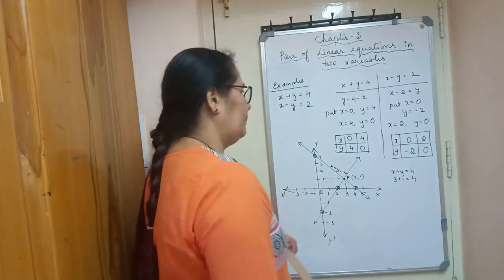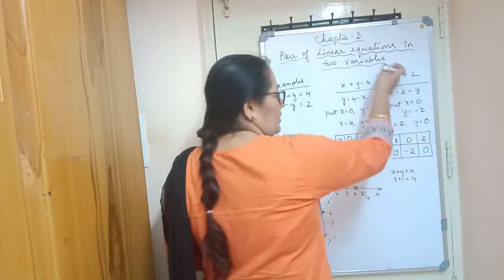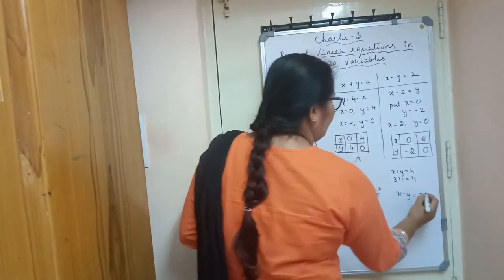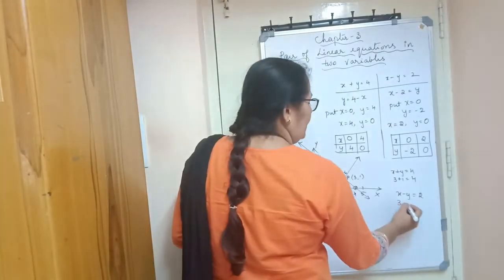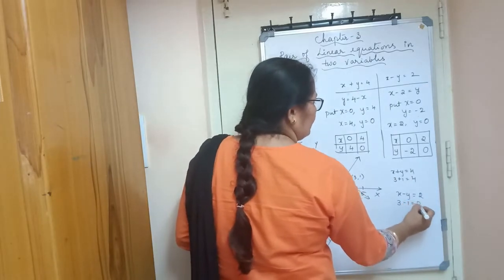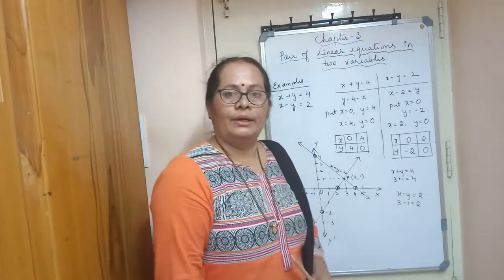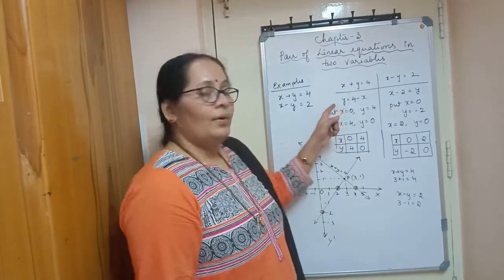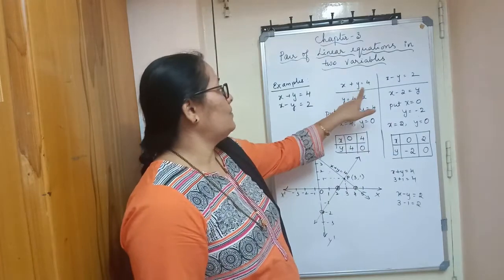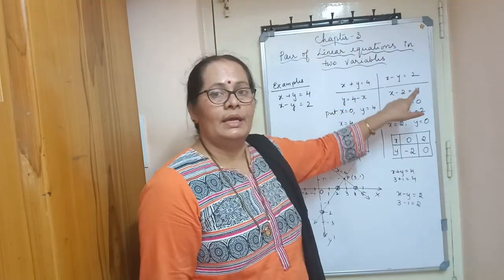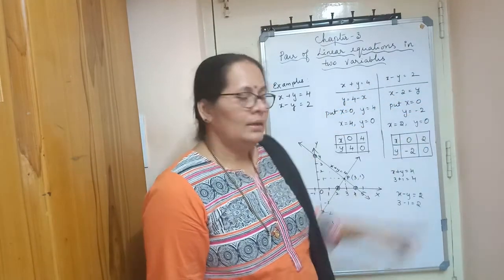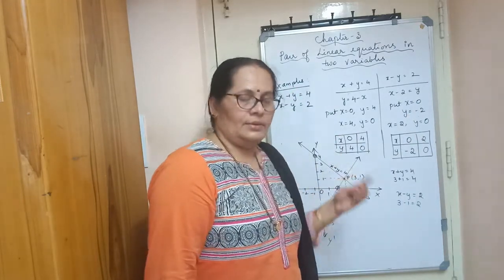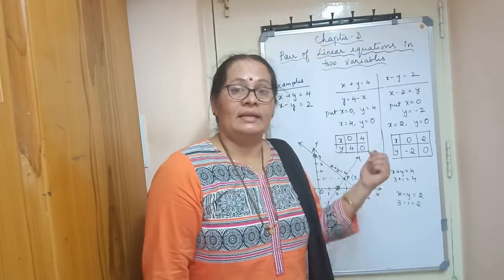Okay. Now, here also you can cross check. See here, in the second equation, x minus y equals 2, when x is 3 and y is 1, LHS is equal to RHS. So, we can say that for the pair of linear equations x plus y equals 4 and x minus y equals 2, the geometrical representation is intersecting lines.